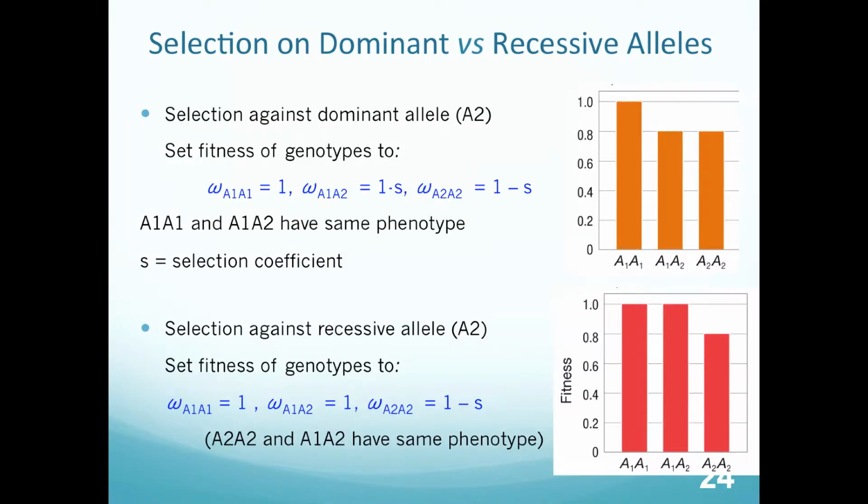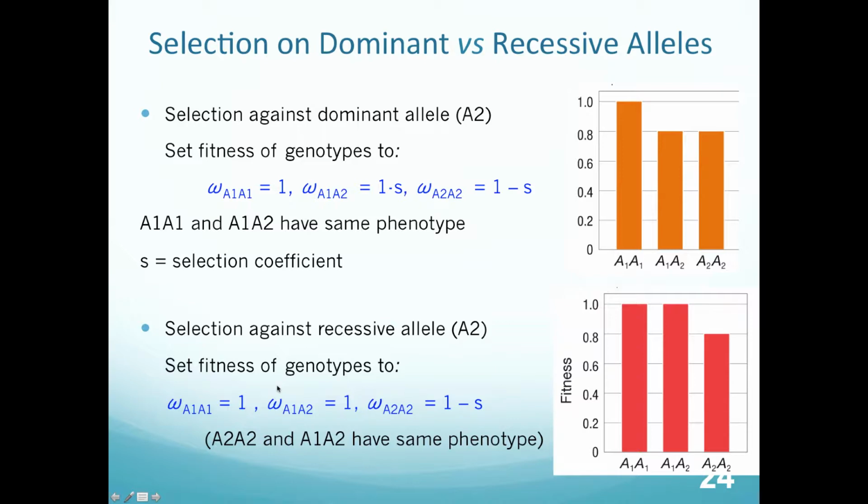And if we take that and think in terms of dominant versus recessive alleles, we can also predict how selection will affect a population with a dominant allele that is being selected against versus how a recessive allele is being selected against. In this case, we would say the fitness of A2A2 is 1, and because it's a dominant trait that's being selected against, the fitness of A1A2 would be 1 minus S, as well as the homozygote would be 1 minus S. For a recessive trait, it would be just the opposite.